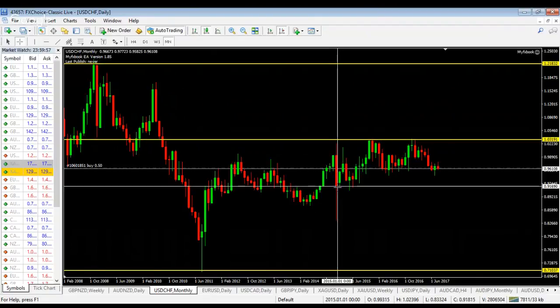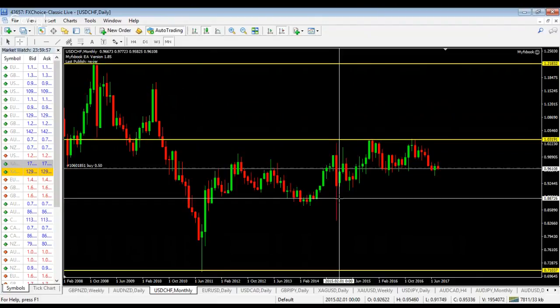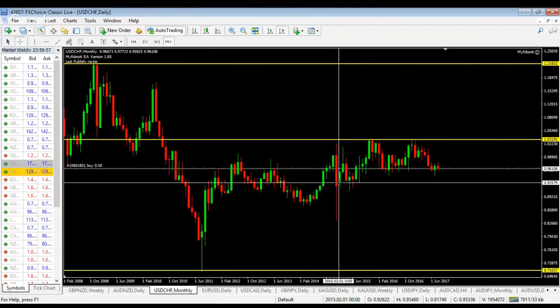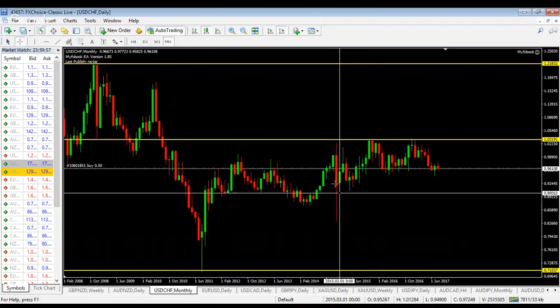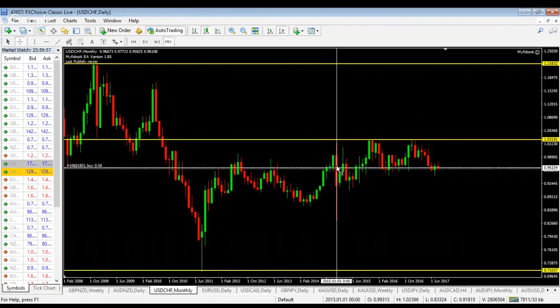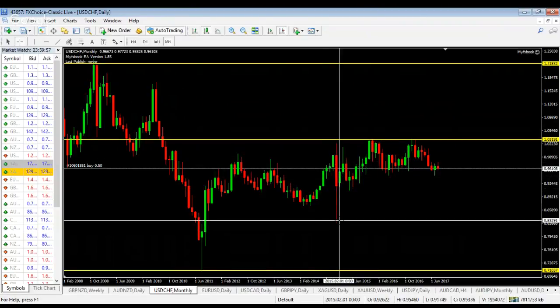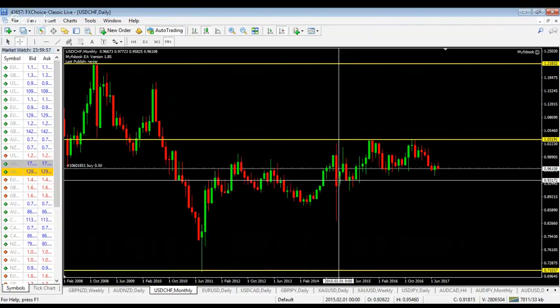These wicks right here, these long skinny things on the top and bottom, the candle itself is basically market price overextending itself. All right, the real move is inside the body of the candlestick. The body of the candlestick. So you see this right here, even though this dropped all the way down, notice how price went up.